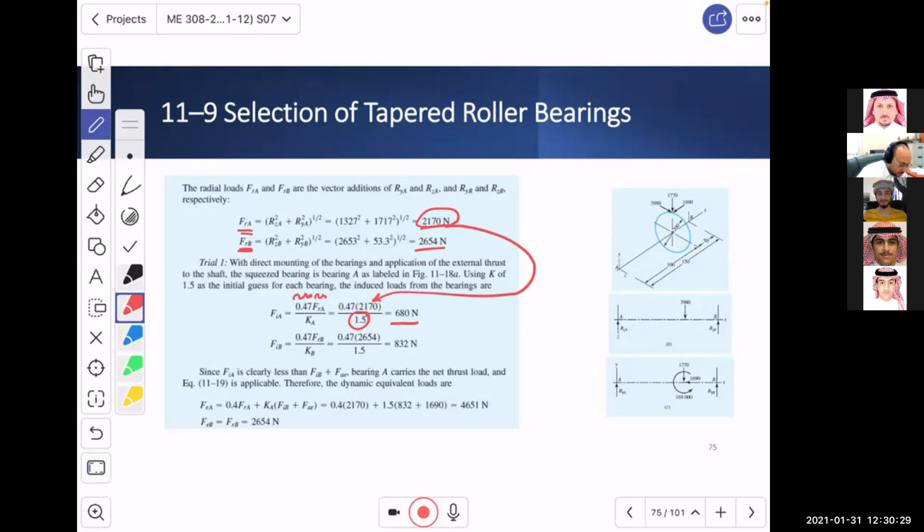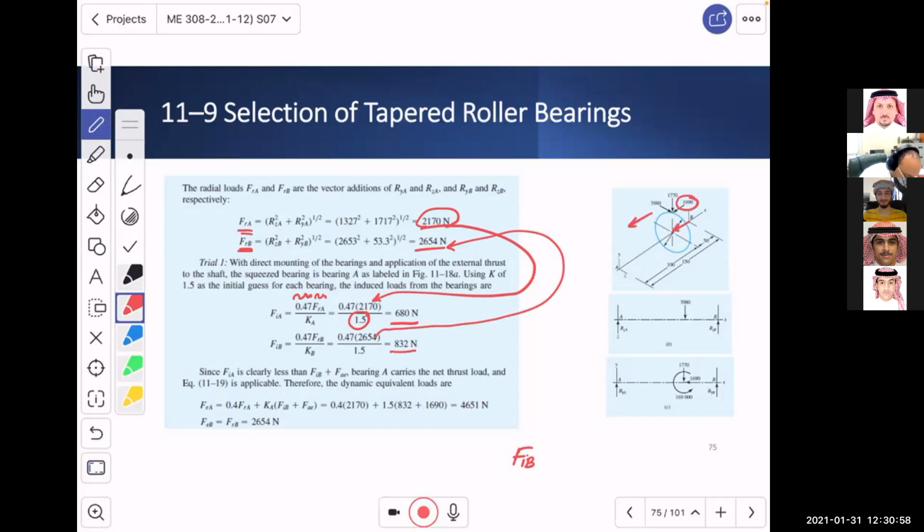Now, the other one, we do the same. We get 832. Remember, F R is this. Okay. Now, if you look at this, F I B, right, which is going to go this way, and look at the thrust. It's going also in this direction.